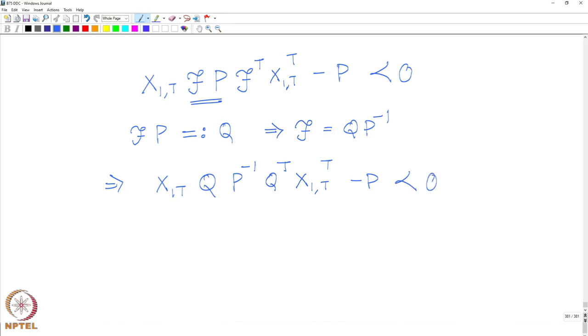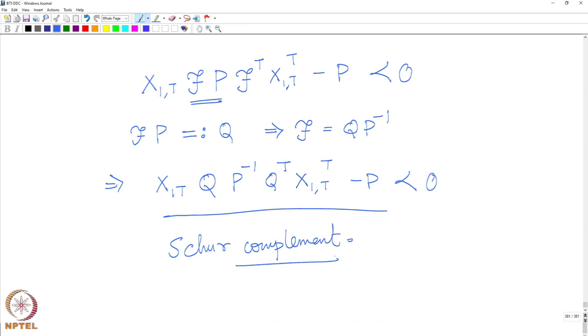But now this is very interesting. Why is that so? Why is this interesting? Well, this is where this idea of a Schur complement comes into the picture, right.